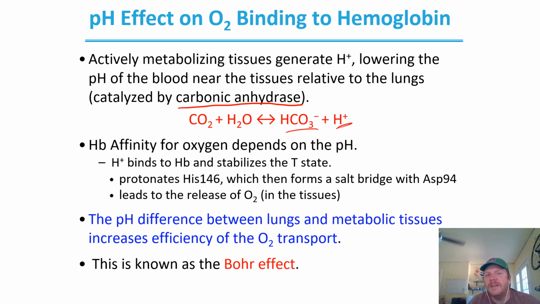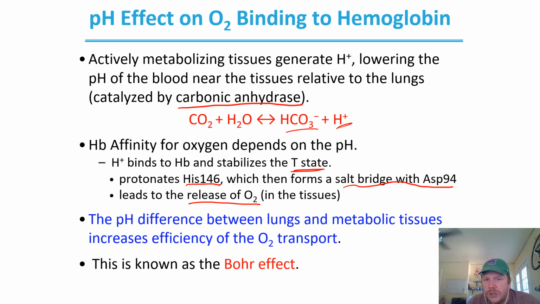So hemoglobin affinity for O2 depends on the pH. Hydrogen ions bind to hemoglobin and stabilize that T state. Specifically, residue histidine 146, whenever that is protonated, is able to form a salt bridge with aspartic acid 94. That's going to lead to the release of O2 in the tissues.